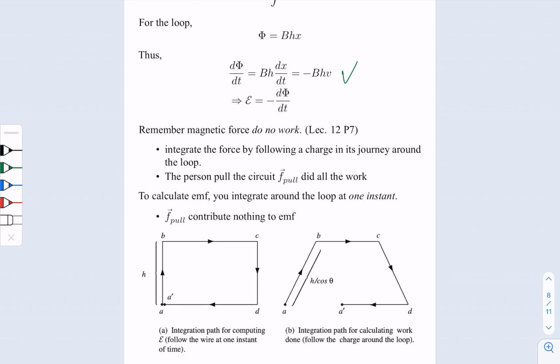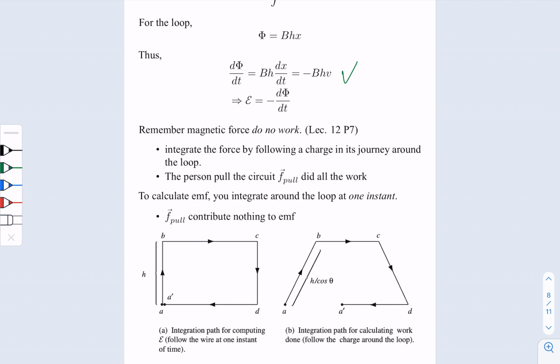At that moment, you get a rectangular loop. If you calculate the EMF built up at that instant, you can see that the magnetic force along this loop gives a finite contribution to the EMF.